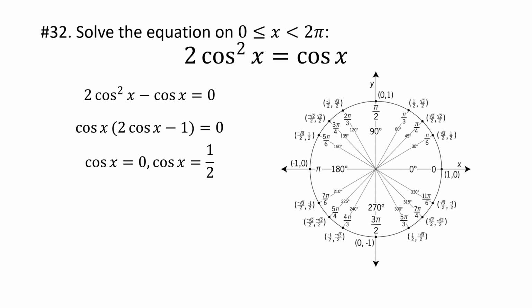So on the unit circle, we have to find the cosine x equals 0 case. On the unit circle, we have to find the point where the x value is 0. It becomes pi over 2, 3 pi over 2. In the same way, the cosine x equals 1 over 2 case, pi over 3 and 5 pi over 3. So we have 4 solutions.